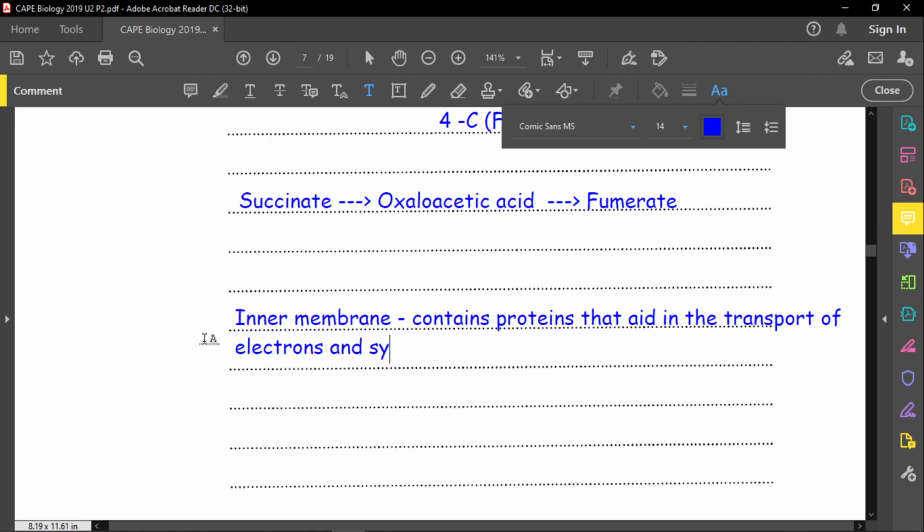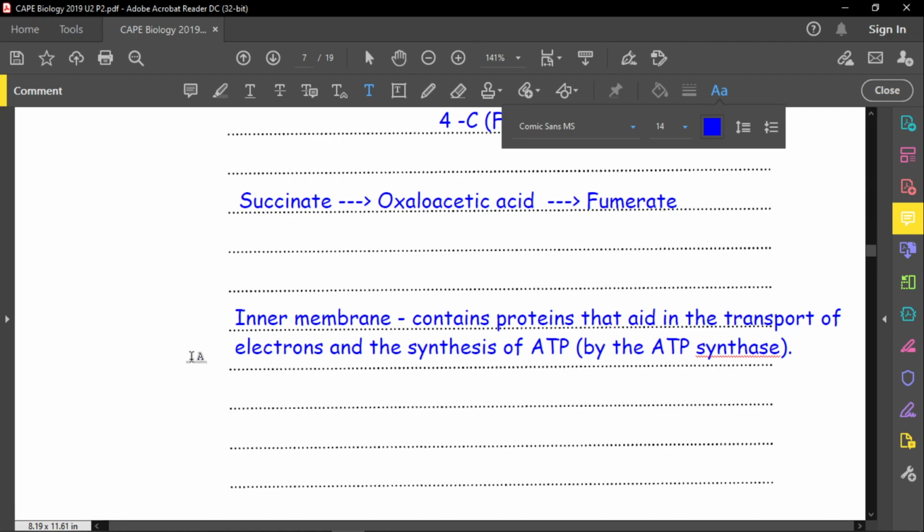And so there's also a synthesis of ATP, and the synthesis of ATP is done by what they call the ATP synthase. So that's very important for us to note.